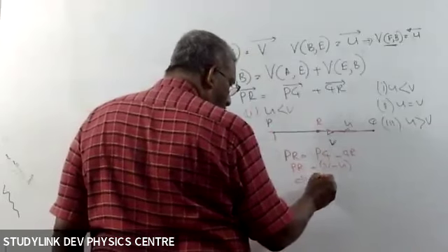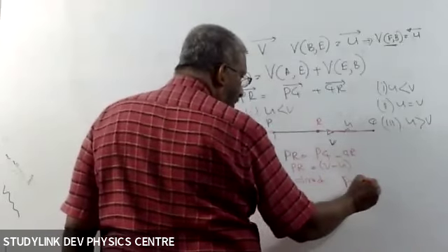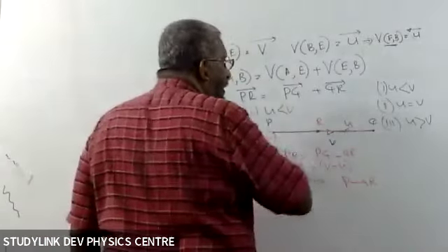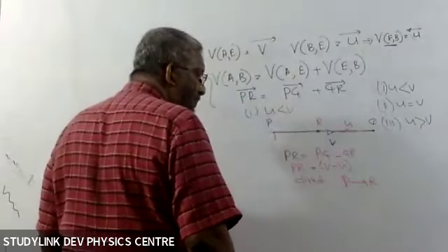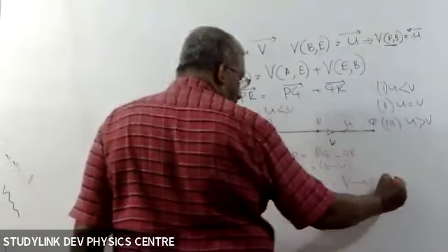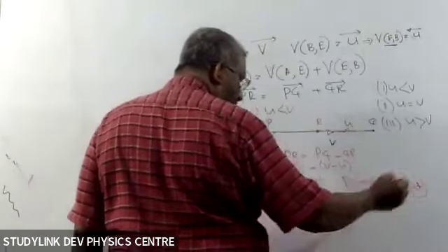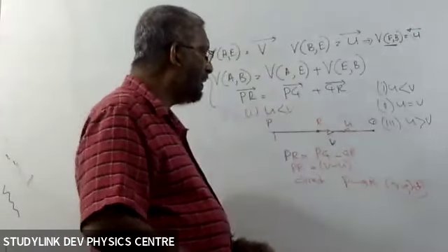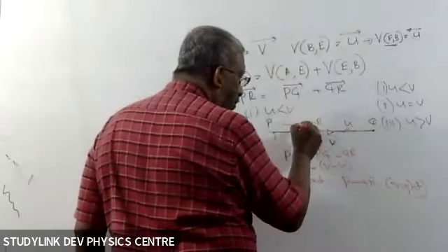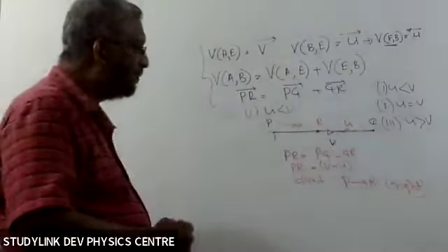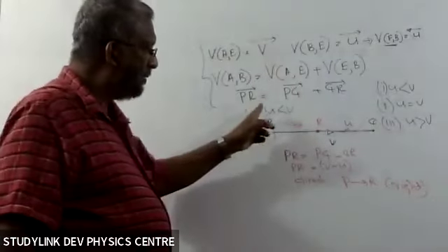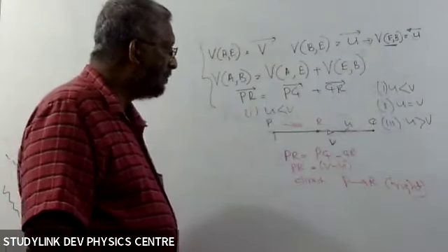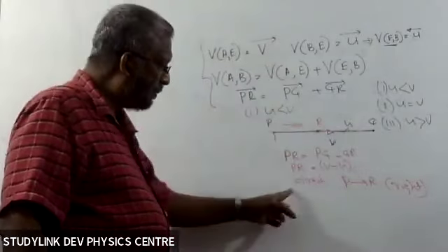Direction: P to R, which is the same as the direction they are moving, to the right. You understood? R is here, P is here, therefore PR is towards that direction. If you want, you can draw two arrowheads here. First situation, consider like that. Then write from here up to this point.